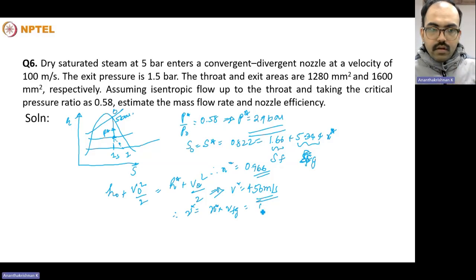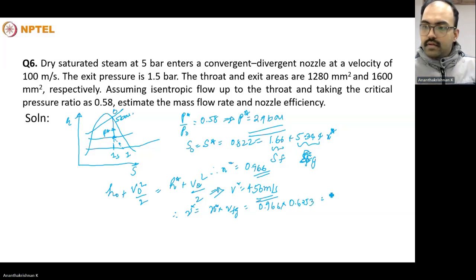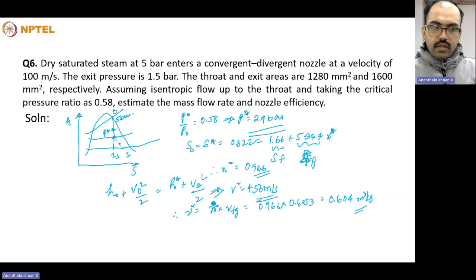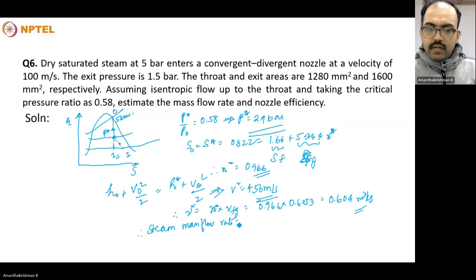That will be equal to 0.966 times 0.6253, which is 0.604 meter cube per kg. Then we can get the steam mass flow rate equal to A star V star divided by nu star.